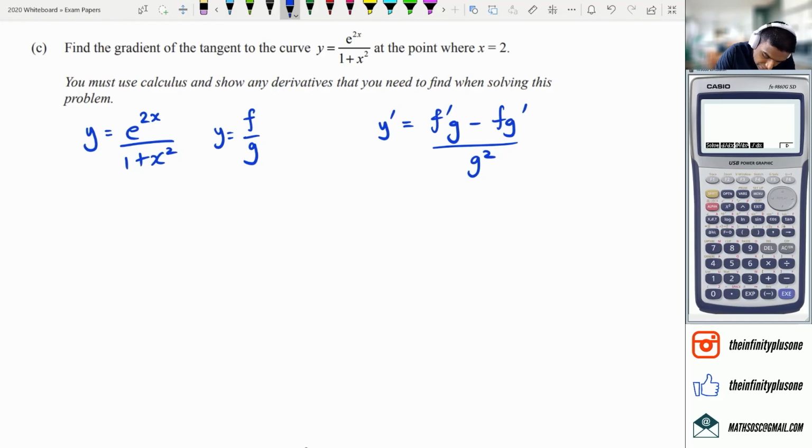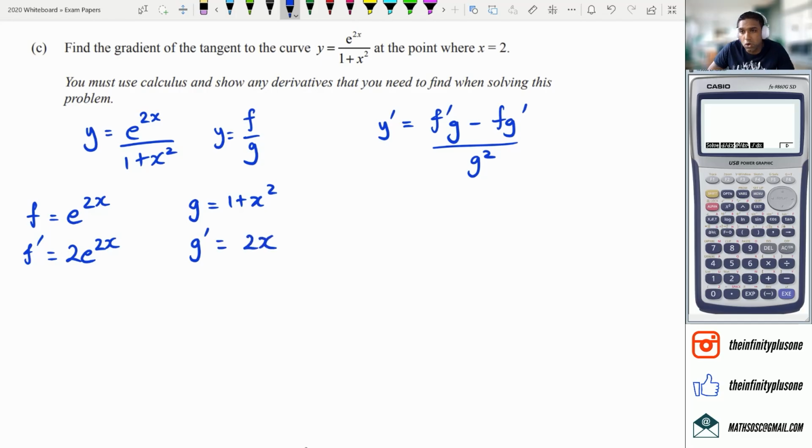Because I've got all of this on this side, I'm going to work it out here. If f equals e to the power of 2x, then f dash is equal to 2e to the 2x. And g is 1 plus x squared, which means g dash is equal to 2x. So all I've done is differentiate the numerator and the denominator separately. Cool. So now let's put it into y dash.